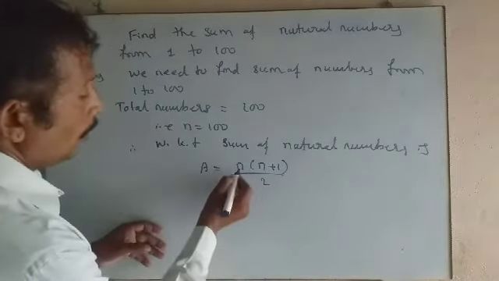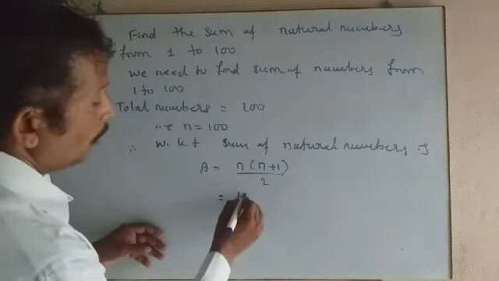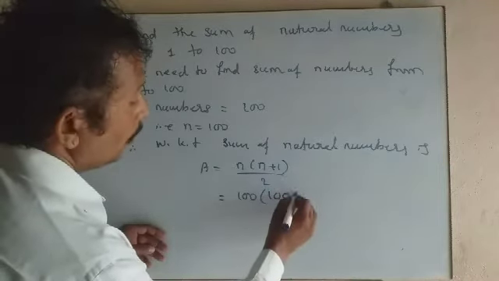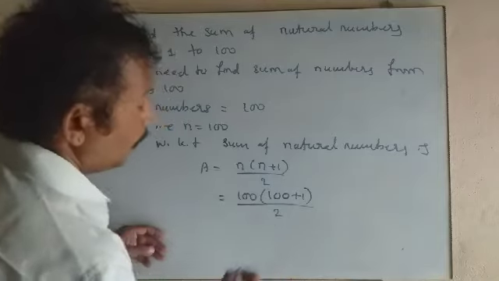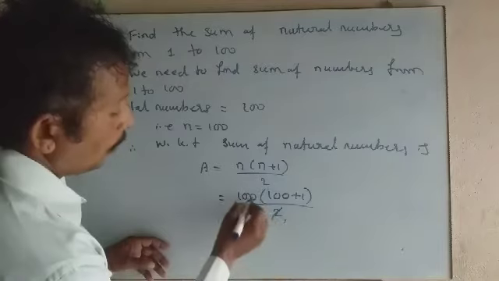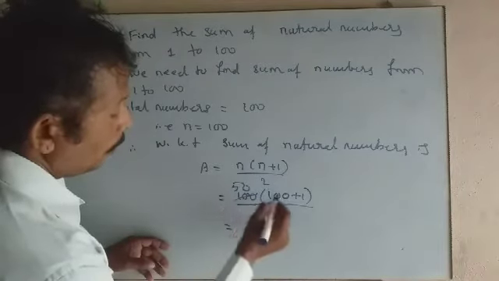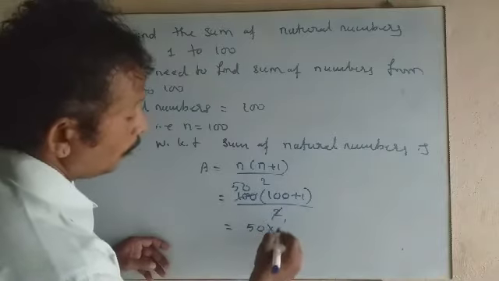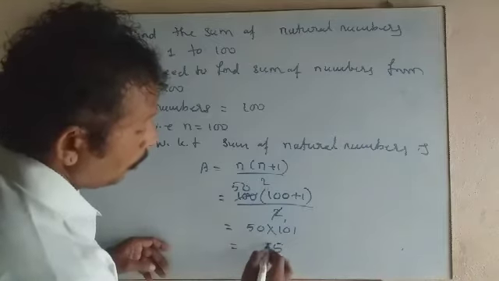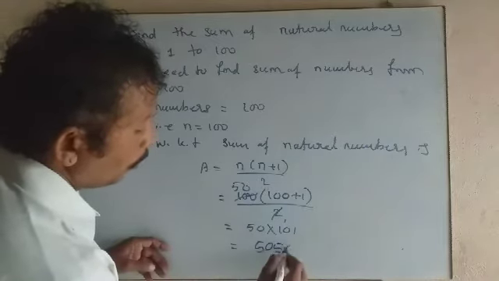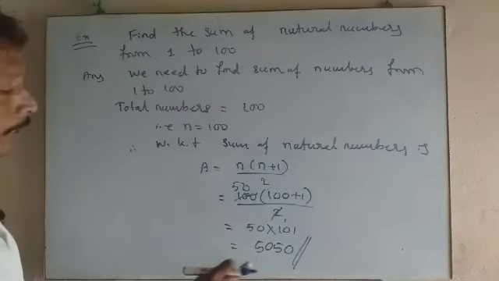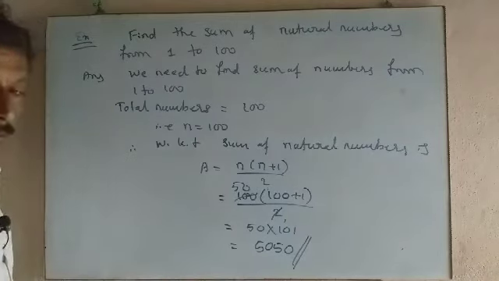That is equal to, n is the total number, 100 into bracket 100 plus 1, divided by 2. Now cut 2 and 100: 2 1s are 2, 2 50s are 100, so 50 into 100 plus 1 is 101. Now take the product. 5 1s are 5, 5 zeros are 0, 5 1s are 5, put this 0. The sum of all the natural numbers from 1 to 100 is 5050.